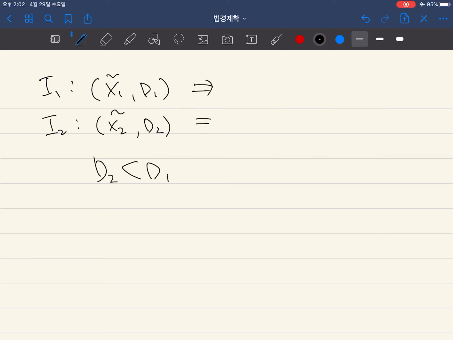Then remember what's happening at the maximum point. At the maximum point, we know that the slope is exactly equal to 0. So remember we had this formula. For the second isocost curve, we also have this formula at the maximum.